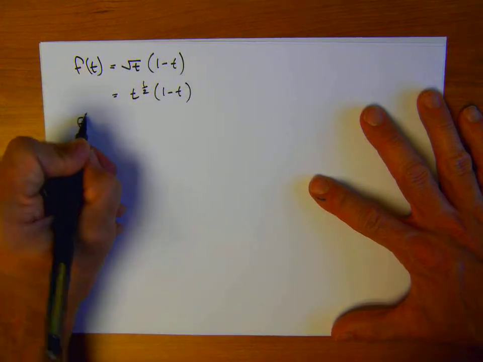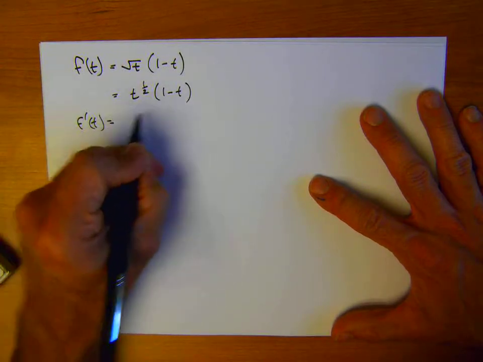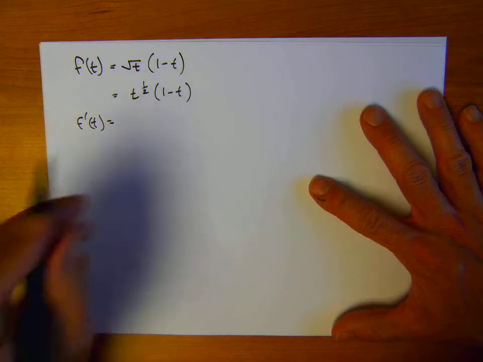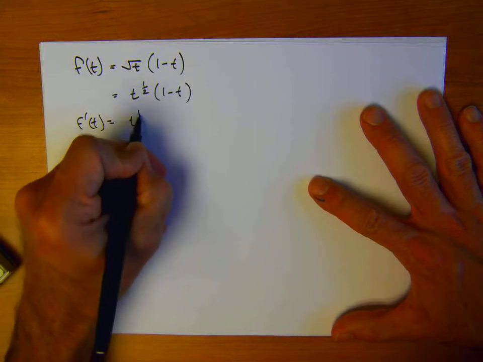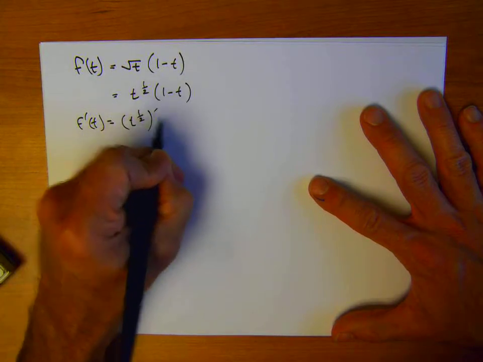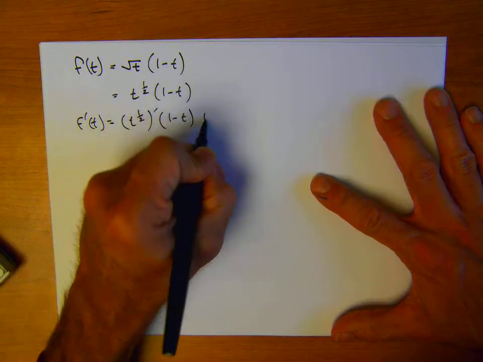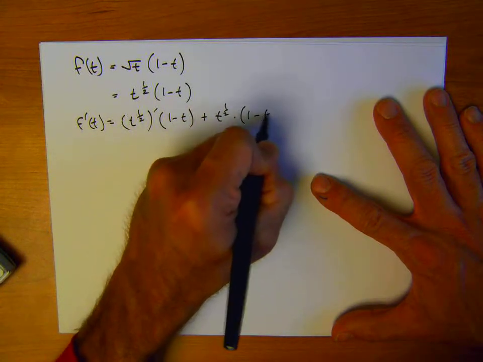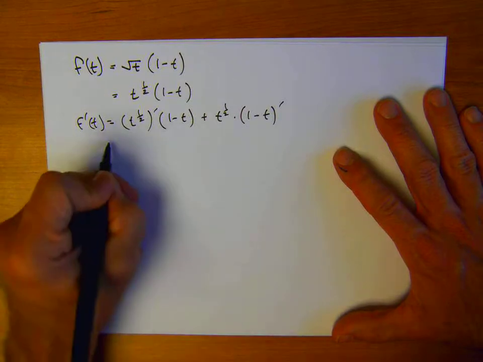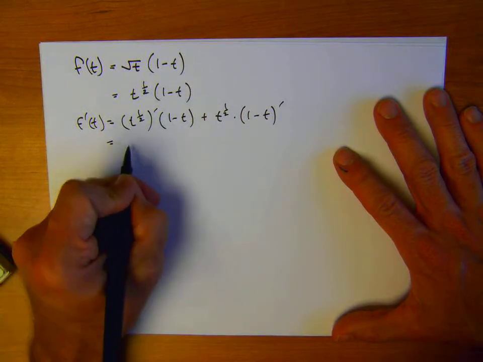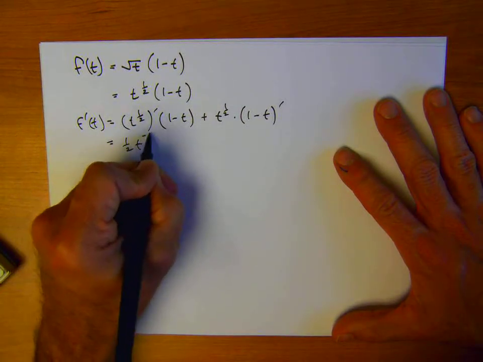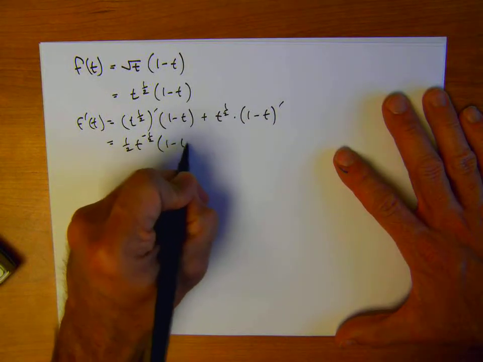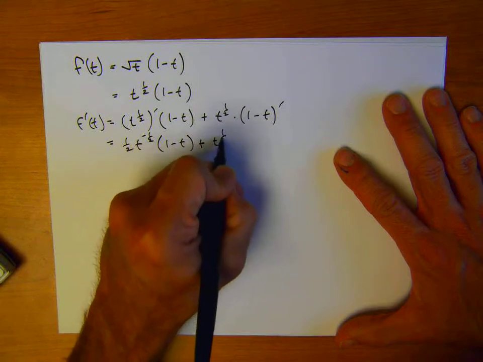Then for the derivative, I'm going to take the derivative of the first one. I'll give us the plan first: the derivative of that times 1 minus t, plus t to the 1/2 times the derivative of 1 minus t. Well, the derivative of t to the 1/2 is 1/2 t to the negative 1/2, right? And then I just leave this as 1 minus t plus t to the 1/2.